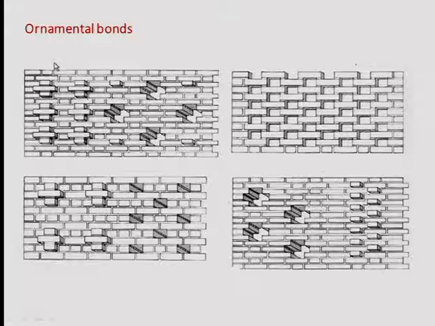There are also other ornamental bonds, which means that you can actually remove some elements, place some others in relief. You can make combinations of things. They can be used to ventilate interiors. You remember last week I was showing you this parametric wall by Gramazio and Kohler.